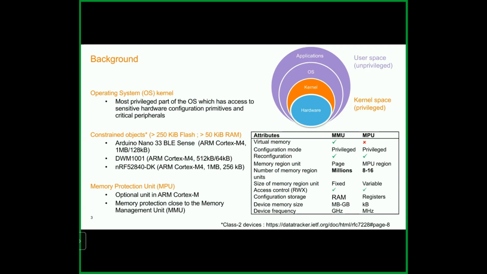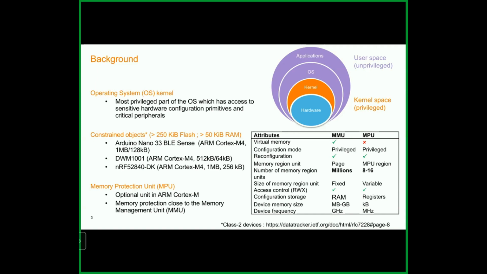So we have one MPU region that has a start address, an end address, and some associated access permissions. And we can compare it with the memory management unit, so that we found in general purpose systems. So that also includes virtual memory, compared to memory protection unit, the MPU, that doesn't have any virtual memory.